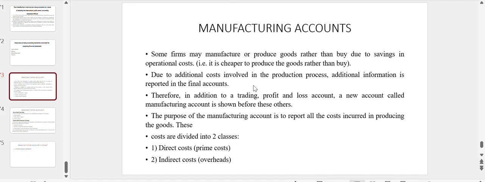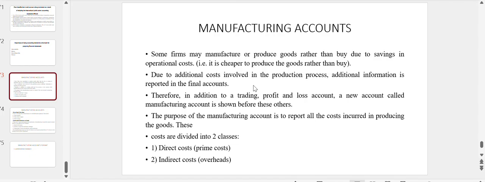Apart from the materials, you need labor. These are now the manpower that will be required in the production process. And we normally have what we call direct and indirect. So direct labor is manpower that can be attributed directly to the production process.